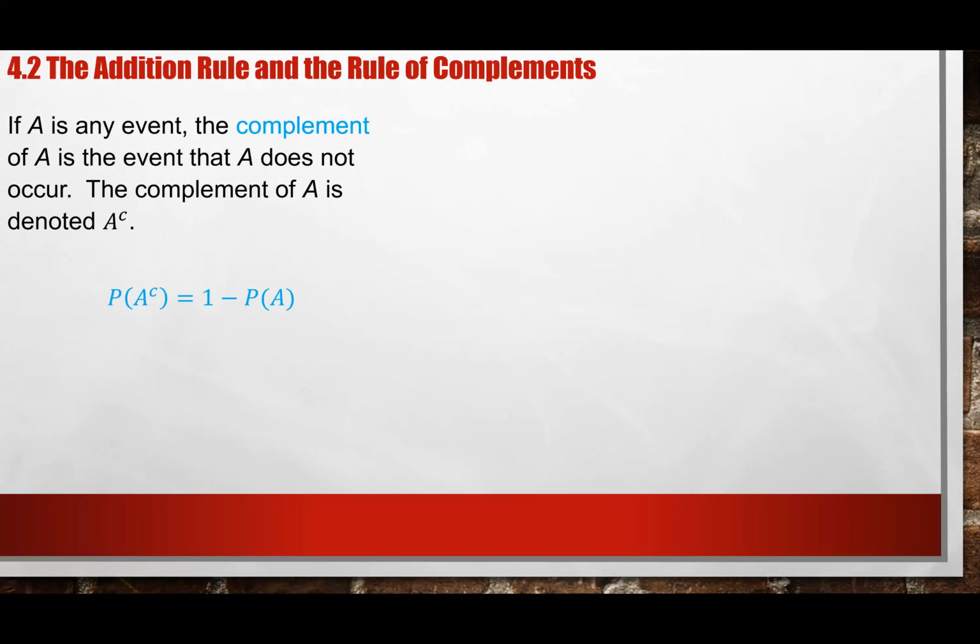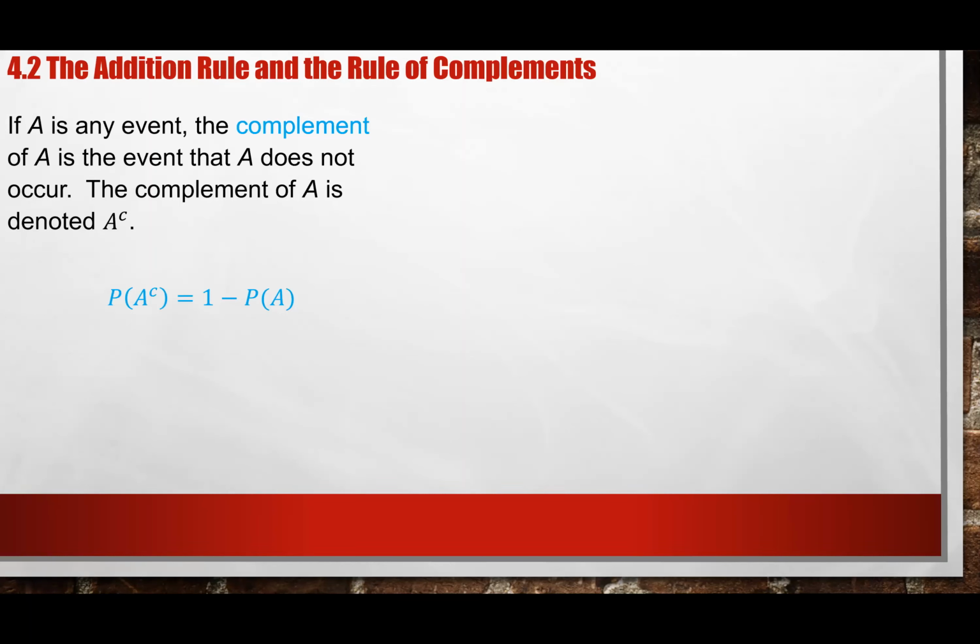So to find the complement of your event, the probability of not the event, all you need to do is take the total probability minus what we have. An easy example: if you watch the weather for today and they say there is a 35% chance of rain, the probability of rain is 0.35.